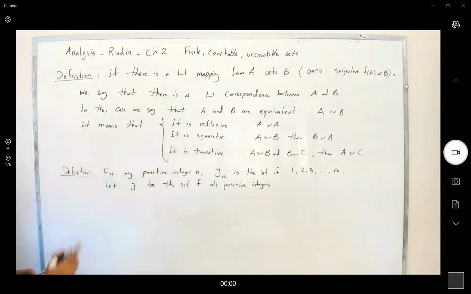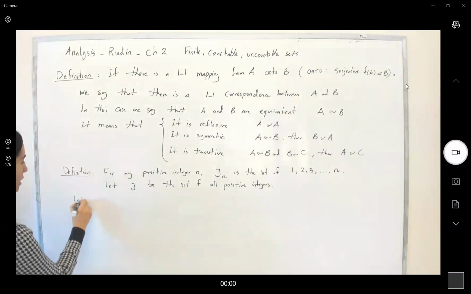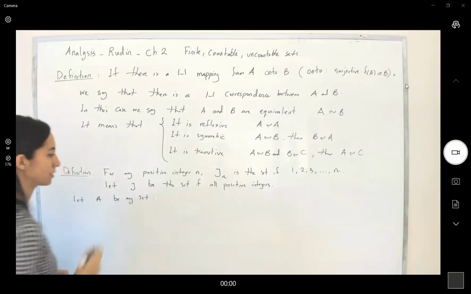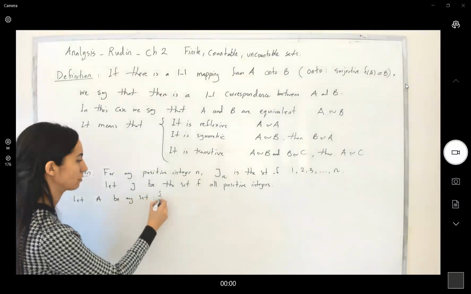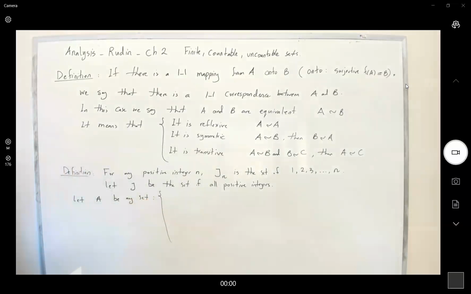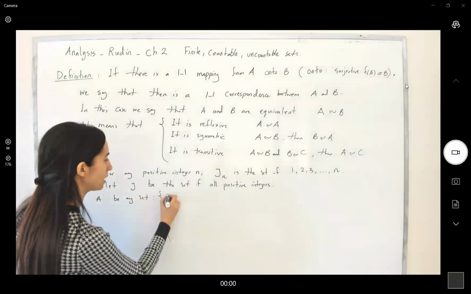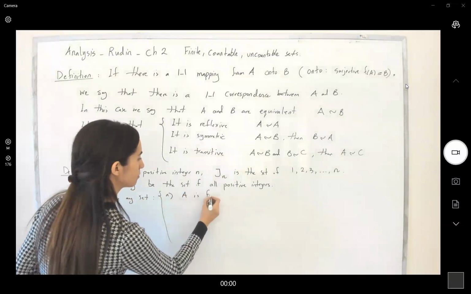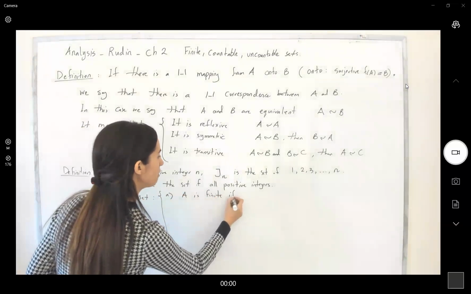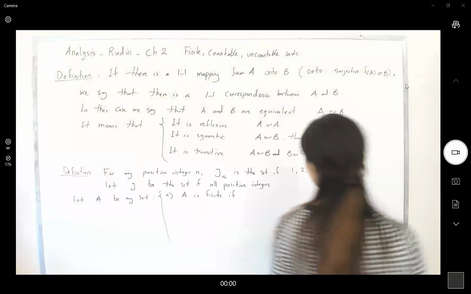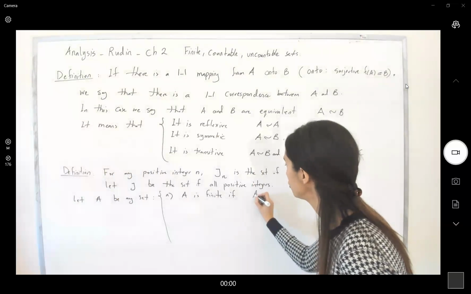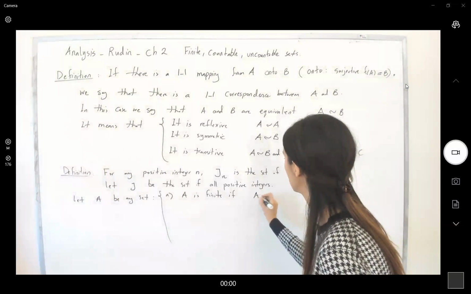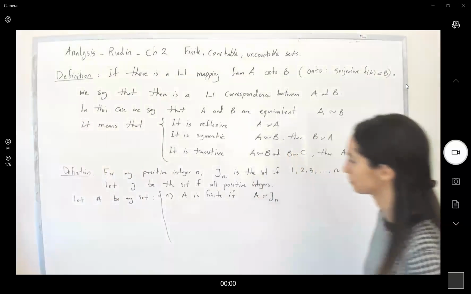Suppose you have a set. Let A be any set. A) We say that A is finite if we can find a one-to-one correspondence between A and J sub n.